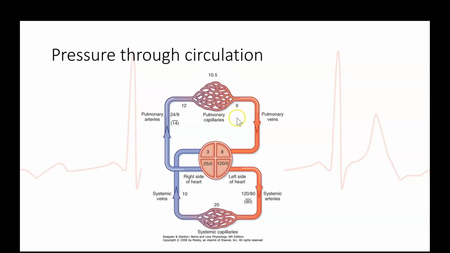We have 9, and we just have a smaller gradient to come in, and then boom, we do it all over again. So you see how these pressure gradients are key in order for us to keep blood flow going from the left side of the heart all the way through the body and back to the right side of the heart. These pressure differences are key in understanding flow of the heart and the circulation.